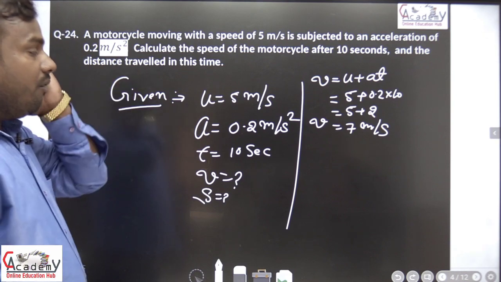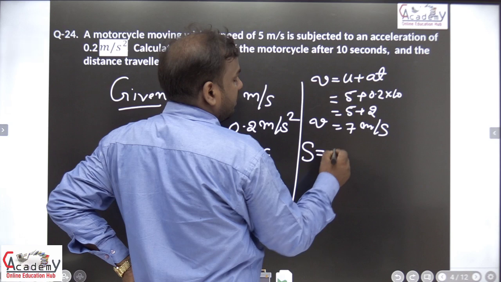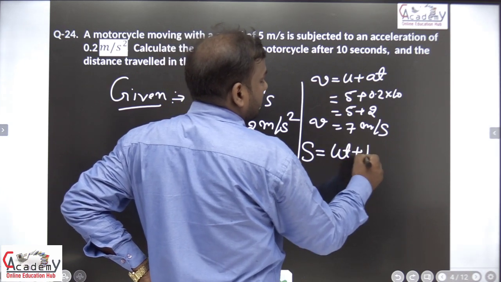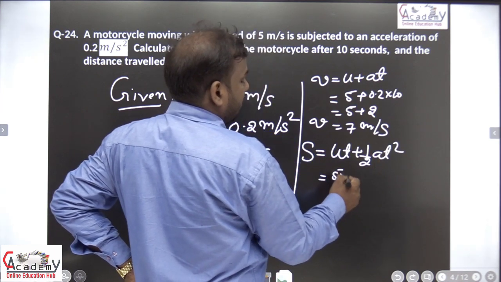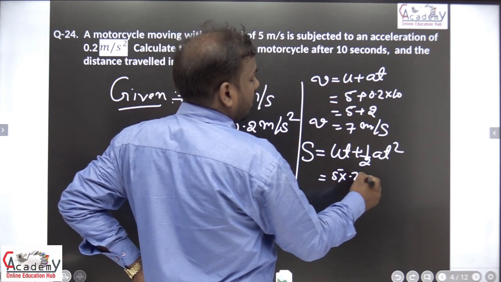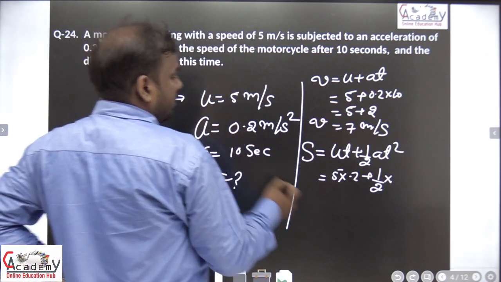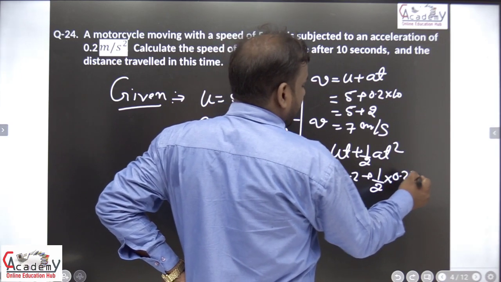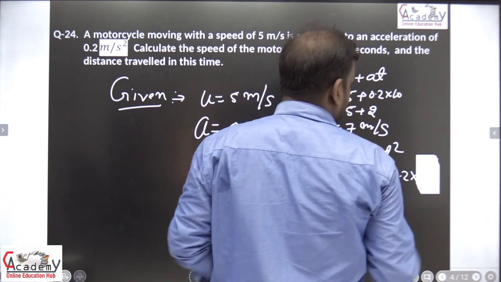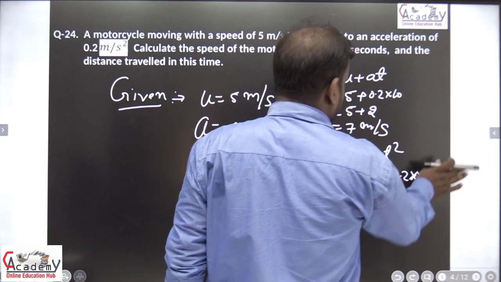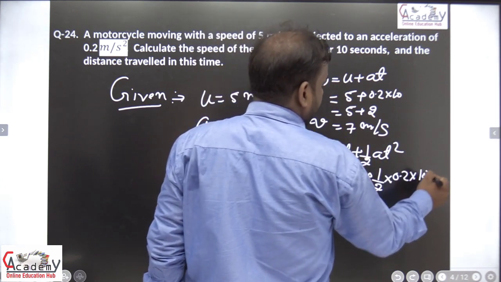Then, what is the distance traveled? Here we find s is equal to ut plus half at square. u is 5, time is 10, plus half, acceleration 0.2, multiplied by time, 10 multiplied by 10.